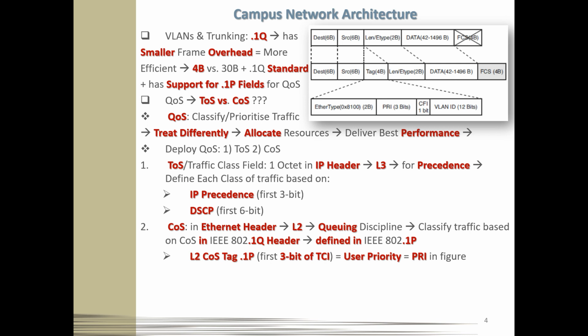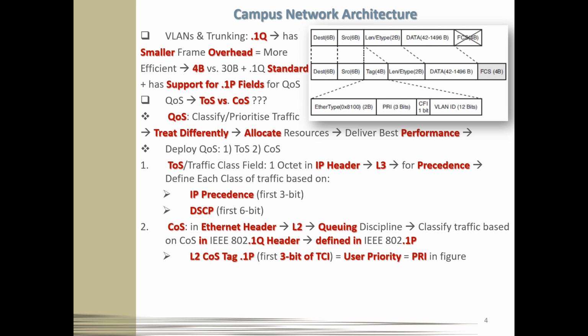So the TOS field, that one octet or one byte inside the IPv4 header, in modern form is DSCP. But in earlier RFCs, they say that the TOS byte, that octet, can be IP precedence. So earlier IP precedence, nowadays DSCP.